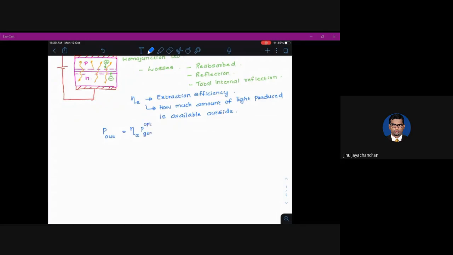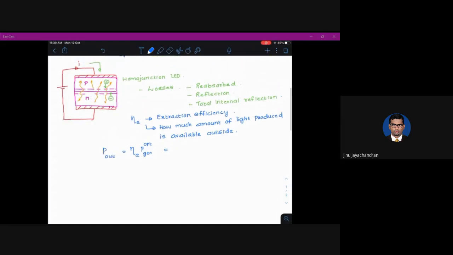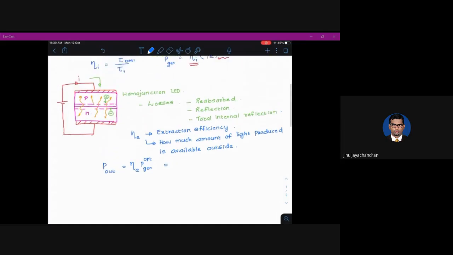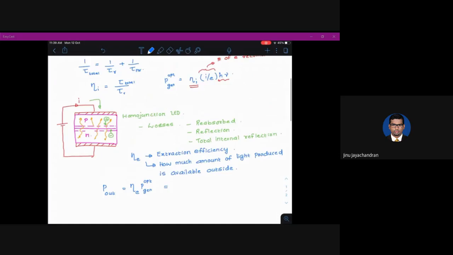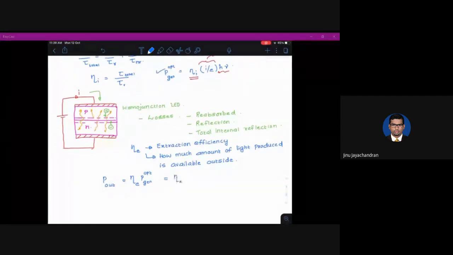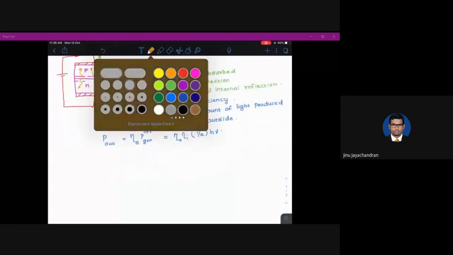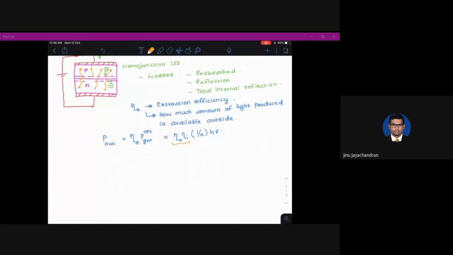Okay, and this can be written as, so I can substitute this here. So this is equal to eta I by h nu, and we combine eta E and eta I as a single efficiency term, and we write this as the external efficiency, eta ext.